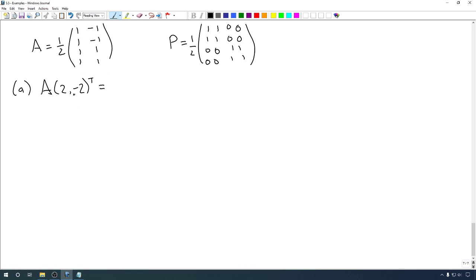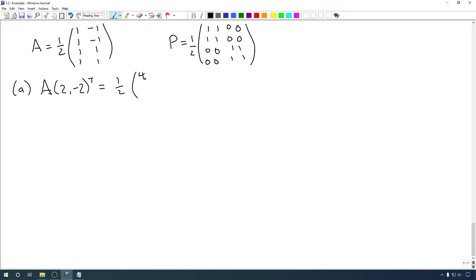So for part A, we have 2, -2 that we're going to be multiplying to A. So we have this 1/2 from A, but then each of these rows of A are going to have to be multiplied by this column. So we are going to have to do 4 different calculations. We have 2 plus 2 will give us a 4.